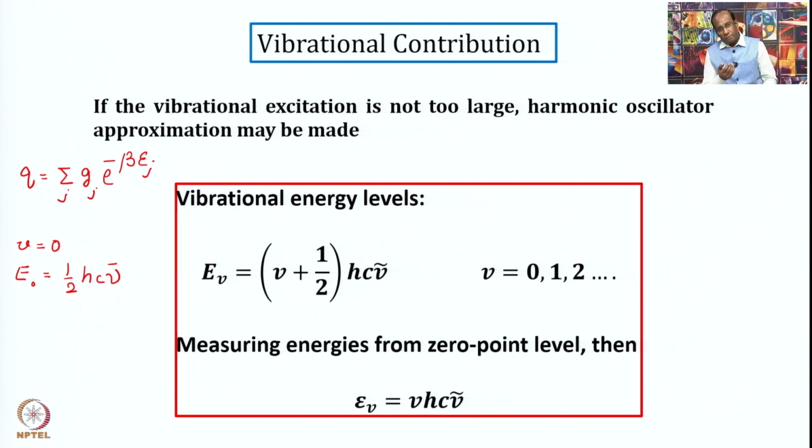For our purpose, we have always been setting the ground state energy value to be 0, and we would like to do that over here also. Now, how can we modify this equation?